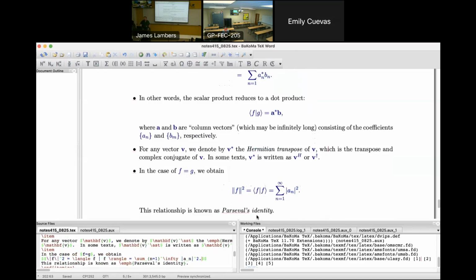This is called Parseval's identity. Normally, Parseval's identity is described in terms of Fourier series, that the norm of a function squared is equal to the sum of squares of all the Fourier coefficients. But it applies with any orthonormal basis expansion.